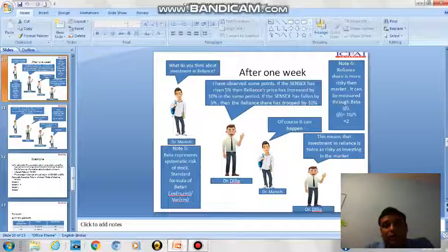The standard formula of beta is beta equals covariance between return of stock and return of market, divided by variance of return of market.